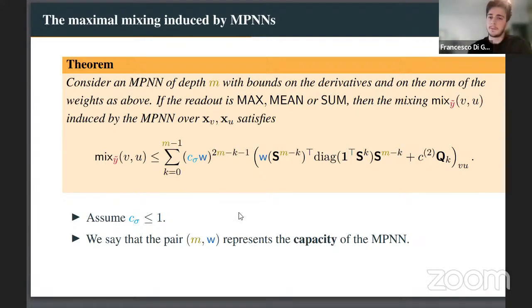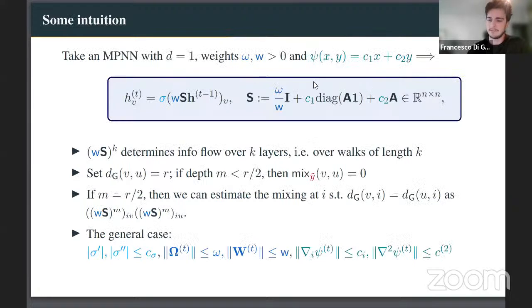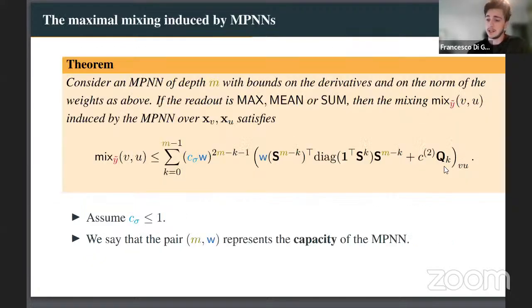It's a function of components of the architecture, so the number of layers m, the nonlinearity C sigma, the size of the weights W, but of course it is also a function of the graph topology, because both S, which is basically this operator here that I have defined, and Q, which is an operator that you can define recursively through S, it's not important here the exact form, are functions of the adjacency, so are functions of the graph topology.